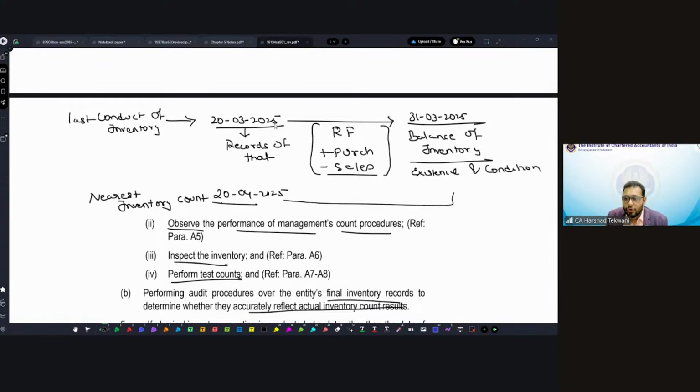Now from the nearest, you need to go back to this date. Here it was going forward; here you need to go back. So what will you do? Less purchases, add back sales, and this is known as rollback procedures. Rollback and roll forward procedures are what you do to bring the inventory to its position as of 31st March.